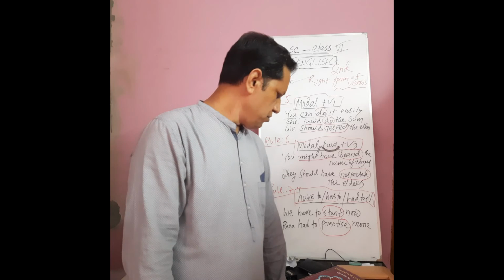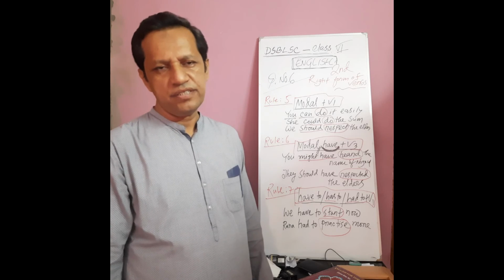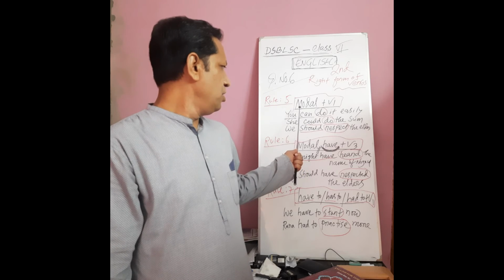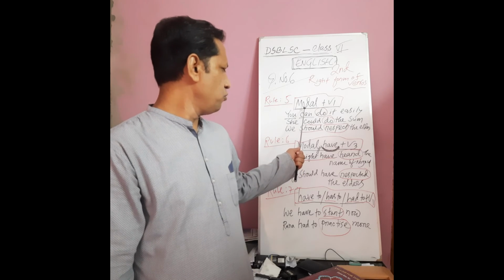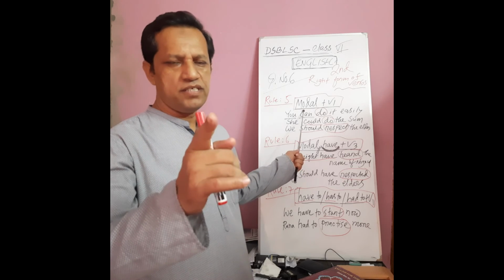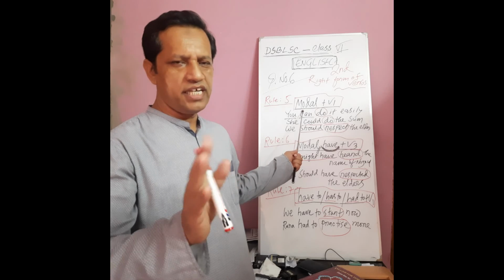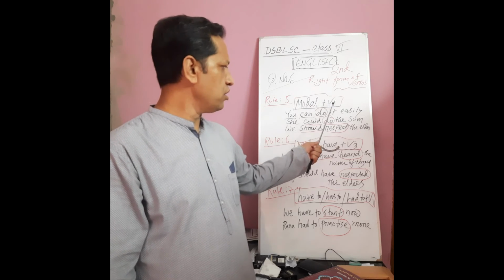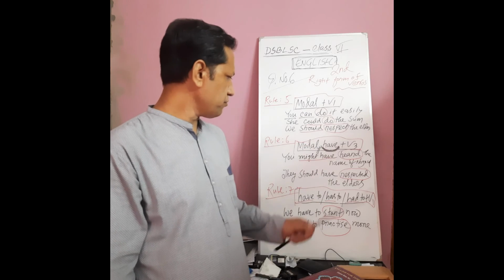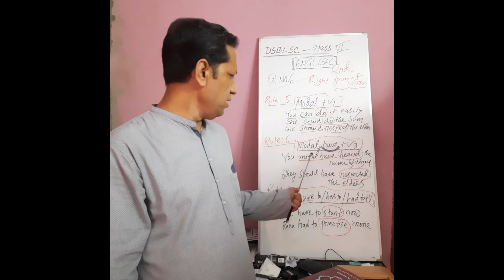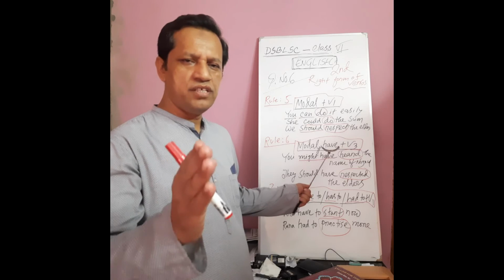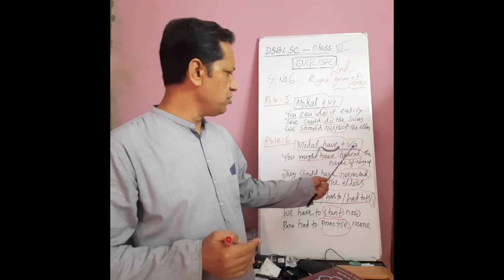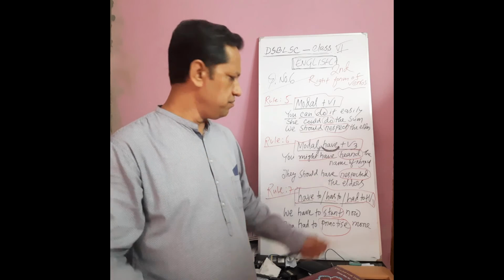So from today's class, my dear students, I like to repeat 3 rules here. Rule number 5, any kind of modal, present or past, can, could, any kind of modal. After this type of modal, we have to use V1 form. Modal with have, actually should have, could have, might have. After this type of modal verbs, we have to use V3 form.